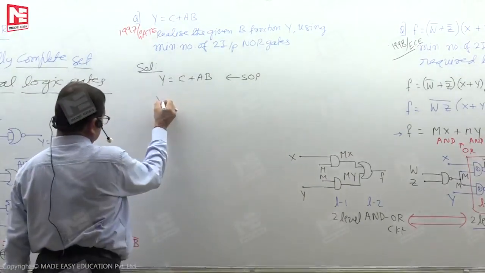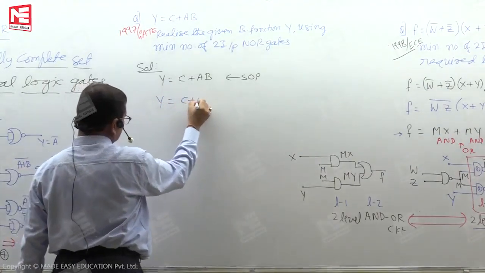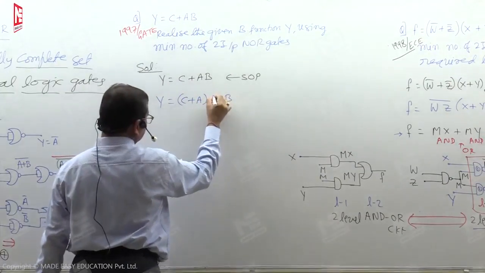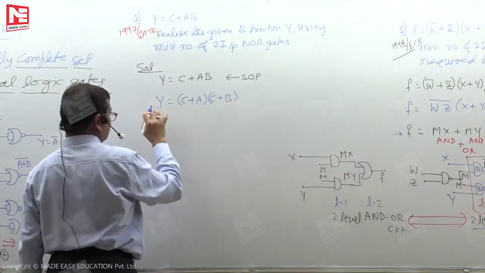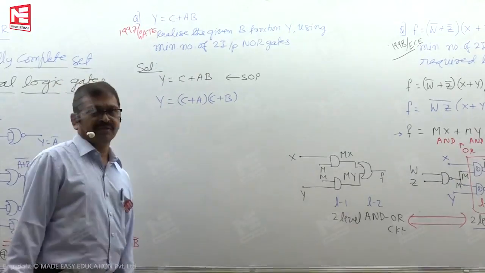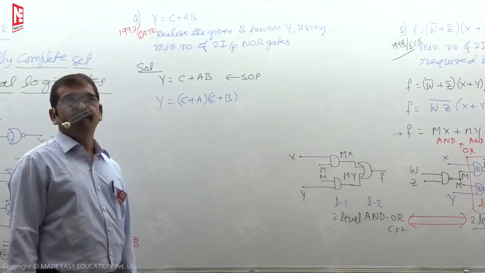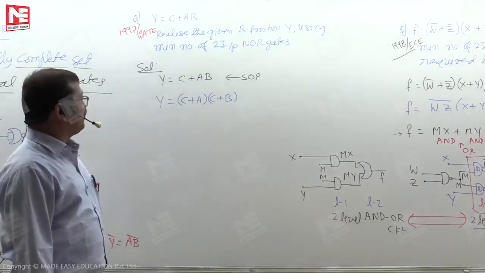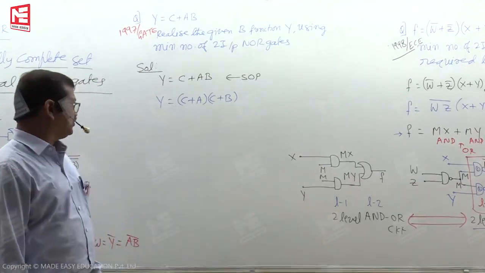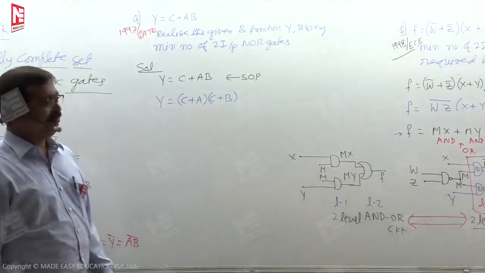Using properties, you can look at this alternatively, and by using De Morgan's property, the given equation can be read as (C'+A)(C'+B).